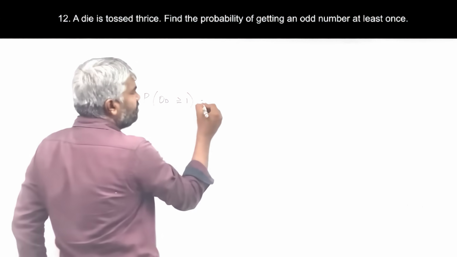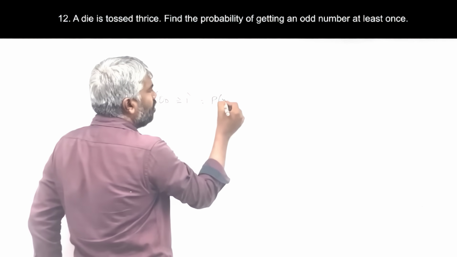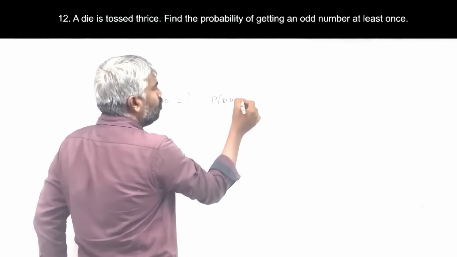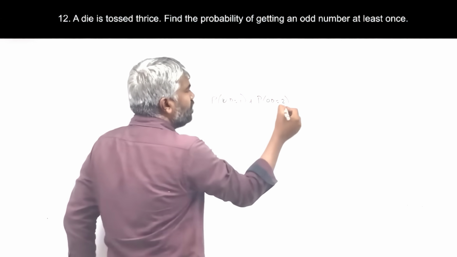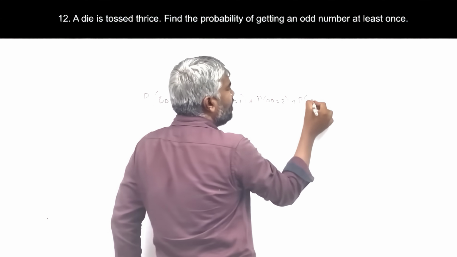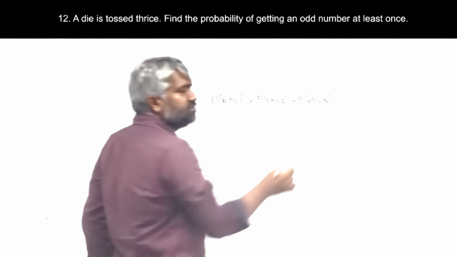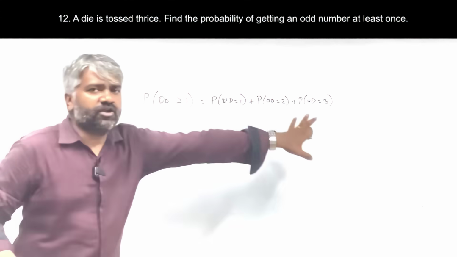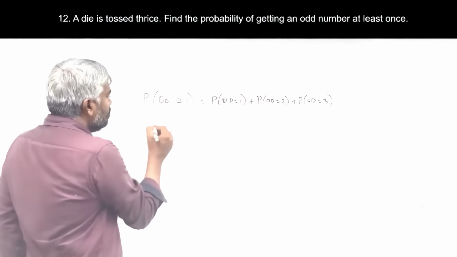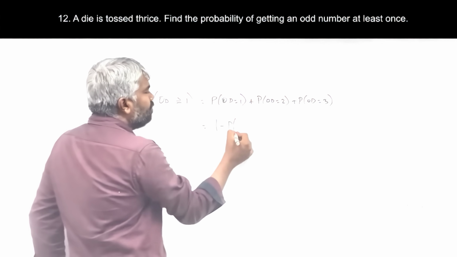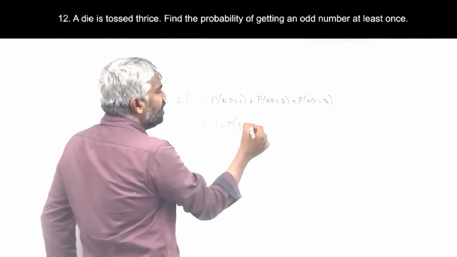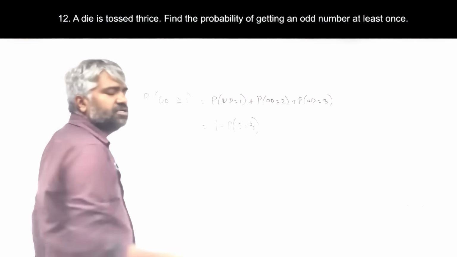So what does it mean? We have to get probability of odd number one time, probability of getting odd number 2 times, and probability of getting odd number 3 times. Instead of finding this value, better you can find this value as 1 minus P of getting even number thrice.